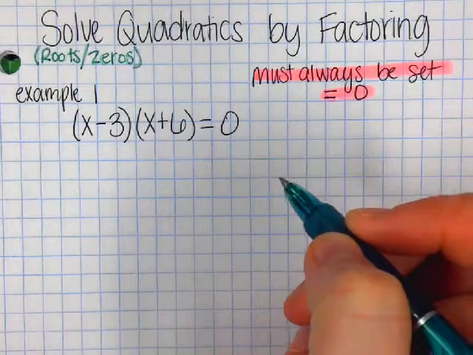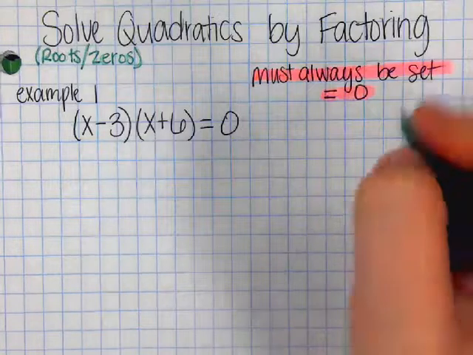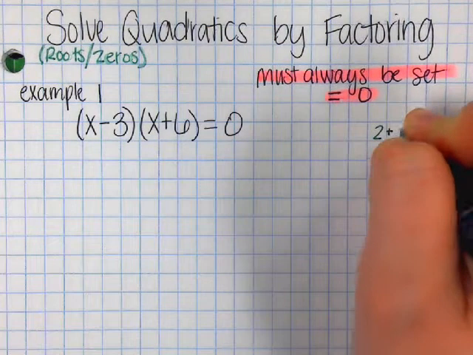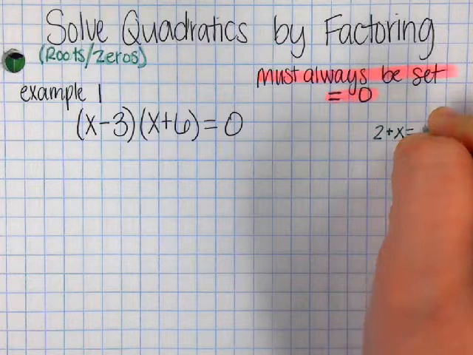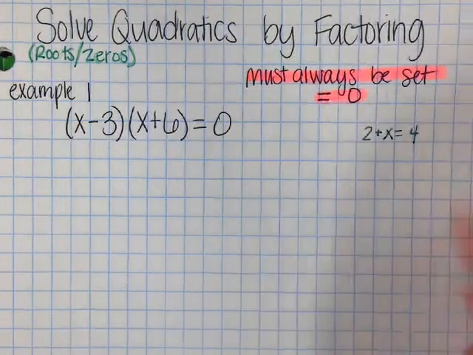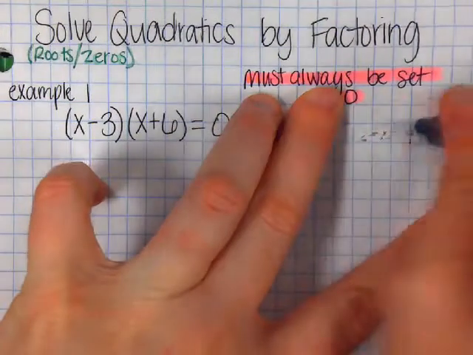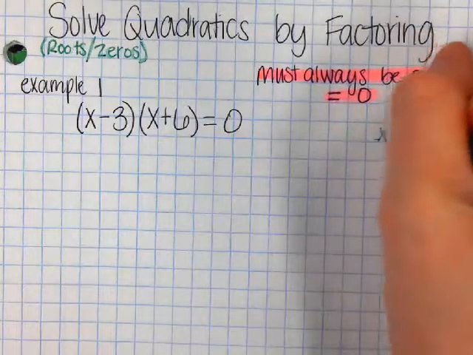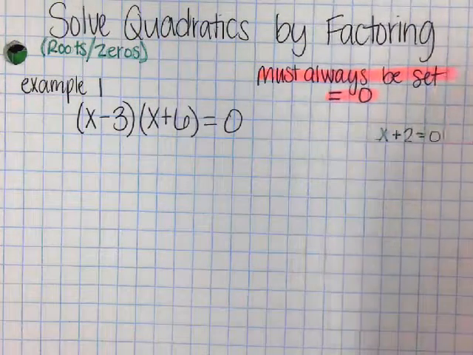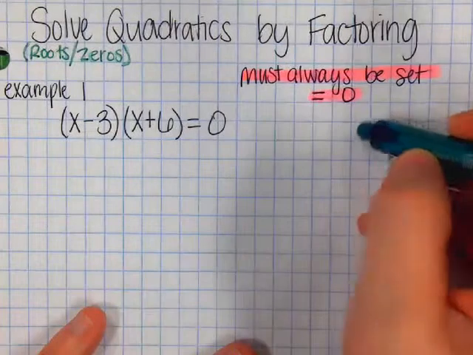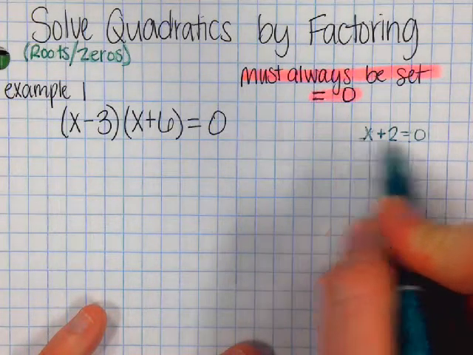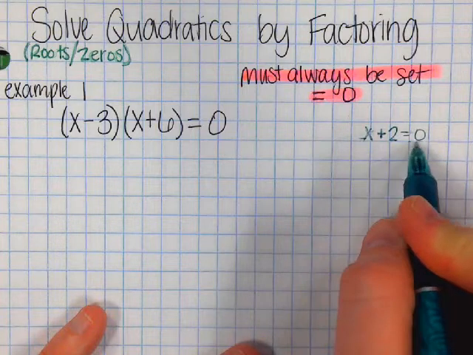So remember when we're solving equations, let's set it equal to 0. So let's say I have x plus 2 equals 0. Remember, you want to find what x value you can plug into this equation that would make this statement true.